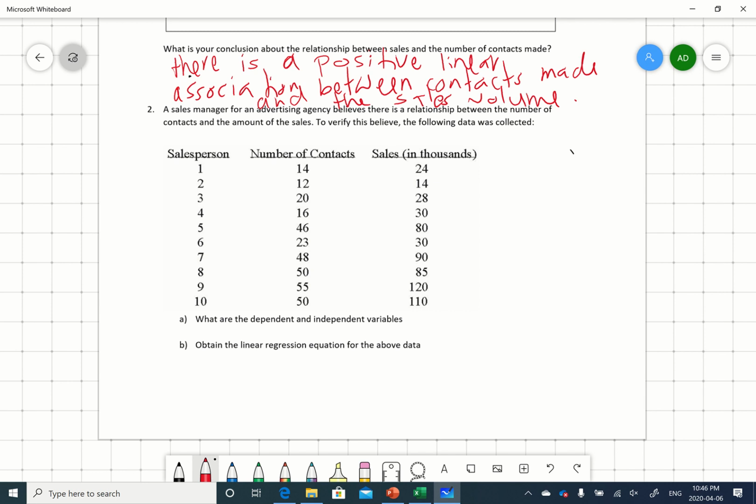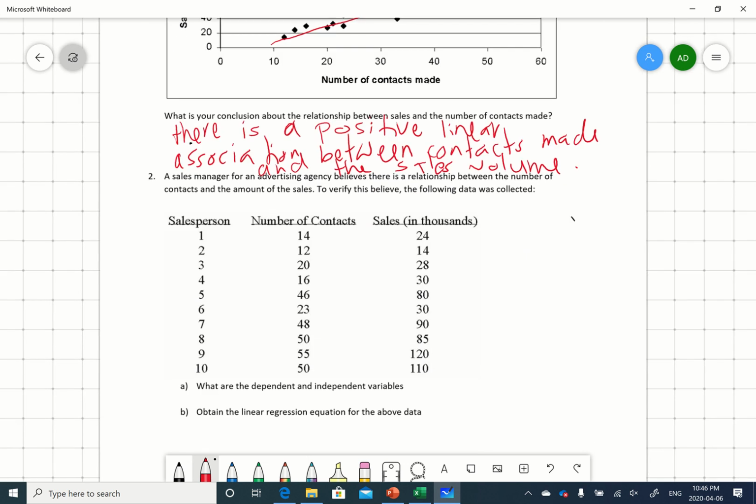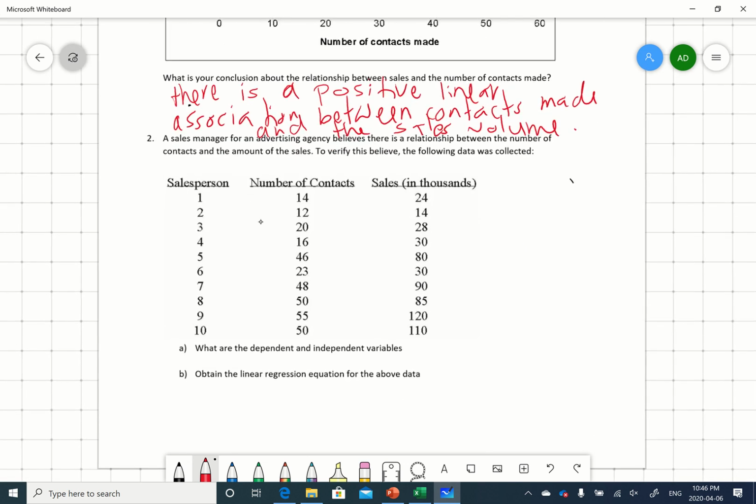Right. So now we have the data set. So this is the scatter diagram. Actually, this is the scatter diagram of this data set. So you have number of contacts made and the sales. So just now think about this. Part A says, what are the dependent and independent variables? So you need to think, what am I changing and what am I looking for when one variable changes?